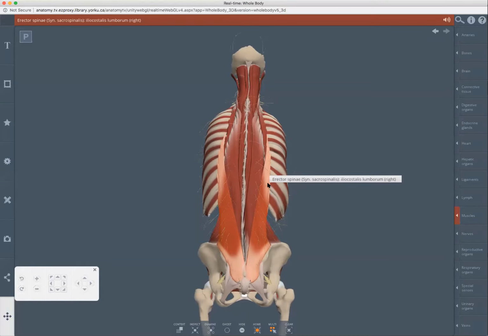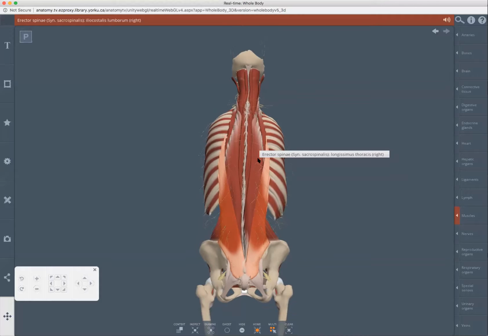So that's iliocostalis. You'll notice in the name, it says iliocostalis lumborum. Let's use this one as our example: longissimus thoracis. As we move further up, they may change names to be like cervicis, meaning you're in the cervical region, thoracis meaning you're in the thoracic region, lumbar meaning it came from the lumbar region.